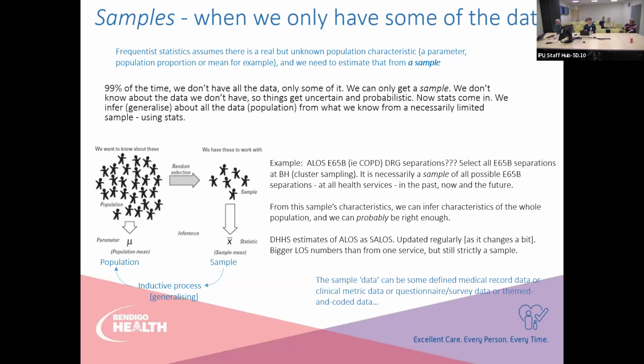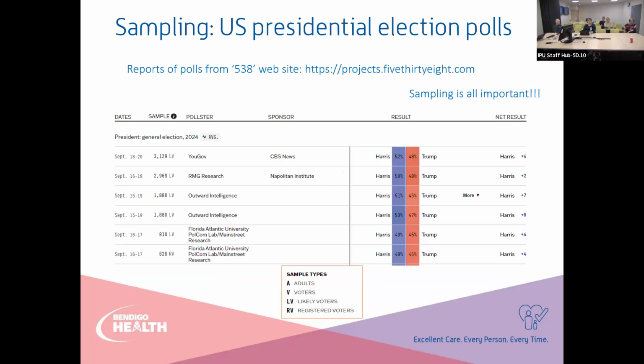In Frequentist Statistics, we generally assume random sampling so that our sample reflects the population and there's no bias. So can we just go to the next slide? An example that's a bit topical at the moment is the sampling in the US presidential election.